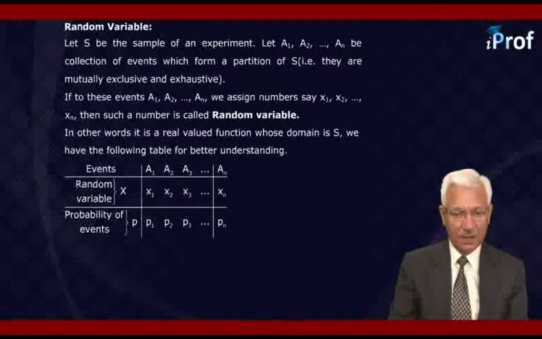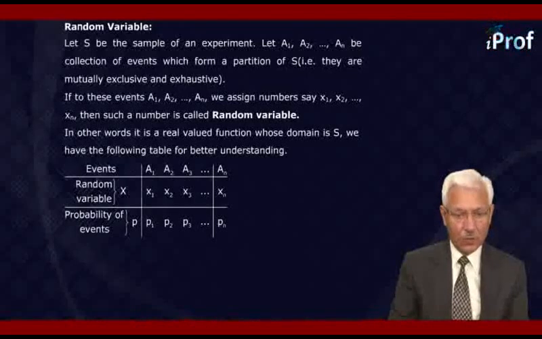Similarly here, the random variable x associates a number to each of these events. That is, A1 is given the number x1, A2 is given x2, A3 is given x3, and so on. An is given the number xn.